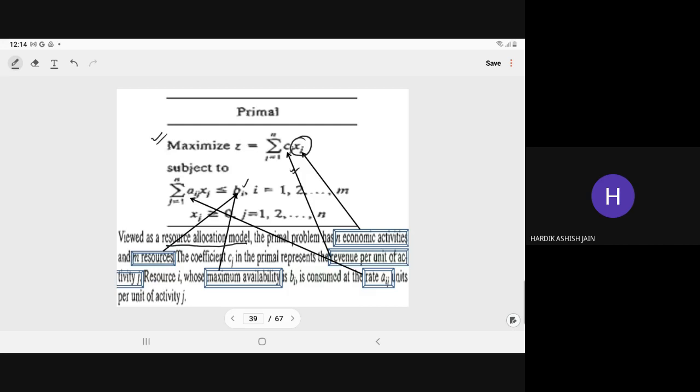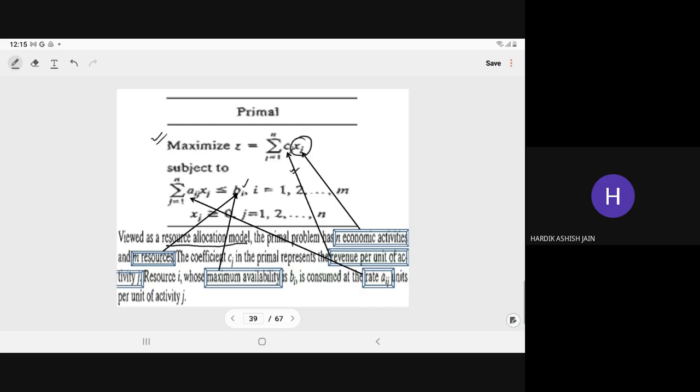Resource i has maximum availability bi. You have seen in the ready-mix, we have the maximum limit of the availability for exterior paint as well as interior paint, and it is consumed at the rate aij, meaning the ith resource is consumed by the jth activity. aij denotes the rate at which we are consuming the ith resource in performing the jth activity.